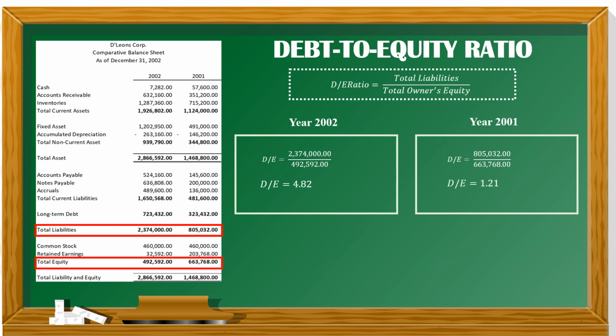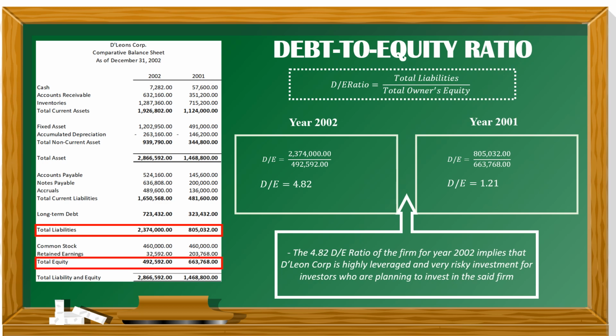Now, what does this figure imply? For year 2002, it has a debt to equity of 4.82, which implies that the De Leon Corp is very leveraged, or highly leveraged. It has a 4.82 here. And this means that it is a very risky investment for investors who are planning to invest in the said firm.